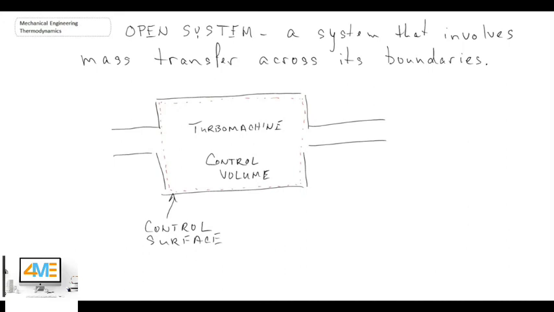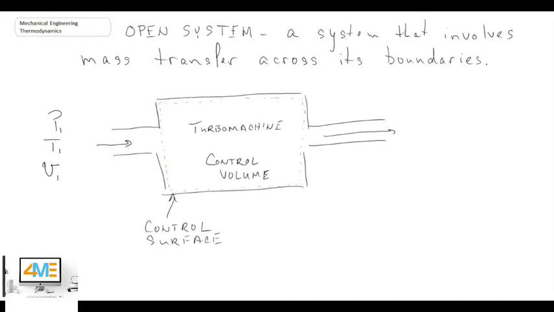So we can have mass crossing the boundaries. Let's say we have mass flowing in and mass flowing out. When we do our analysis, we always have to describe the conditions of the fluid coming into and leaving an open system. Quite often that means we will prescribe the pressure, the temperature, and the velocity.